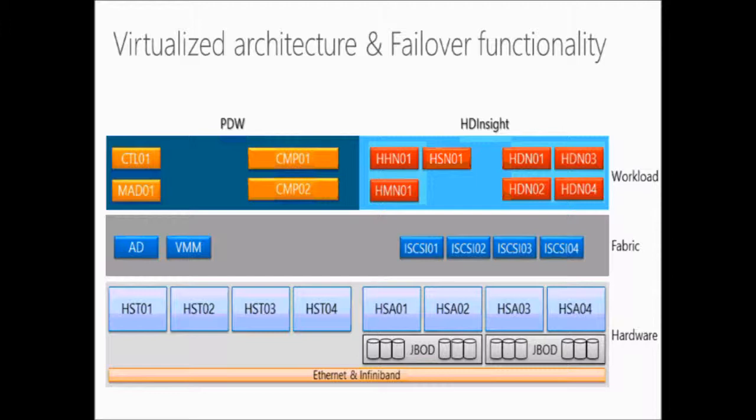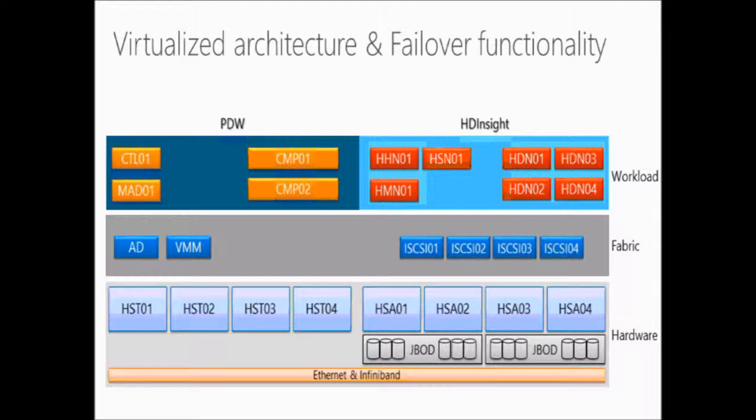In the fabric, in order to have this closed system, we have an Active Directory. We are using this Active Directory in order to manage this hardware and some infrastructure virtual machines.